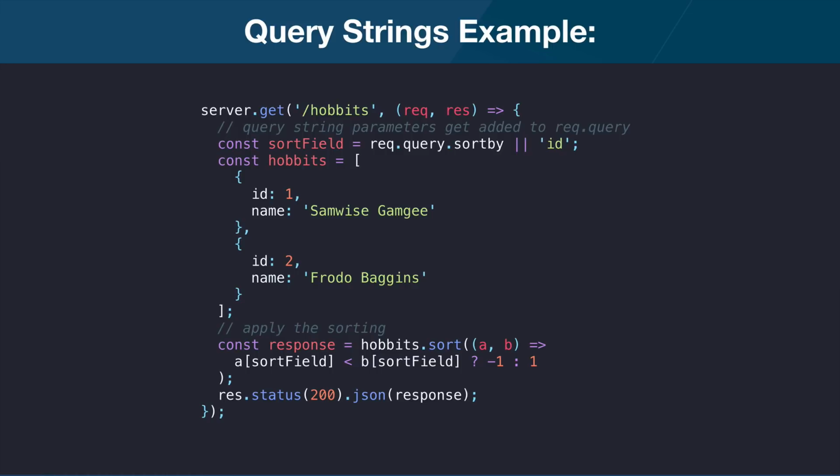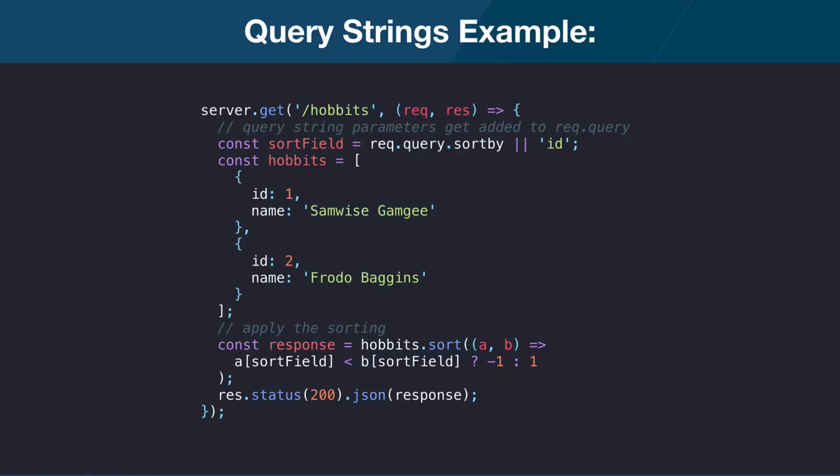And then we could use our little sorting algorithm down at the bottom, which you don't need to understand all of the logical bits of, but we could see that we use that sortField to say, hey, whatever is the greater, sort it by that. And then it'll be sorted by that ID.